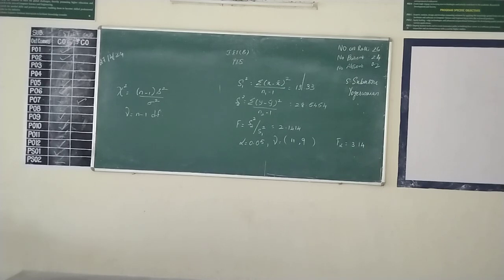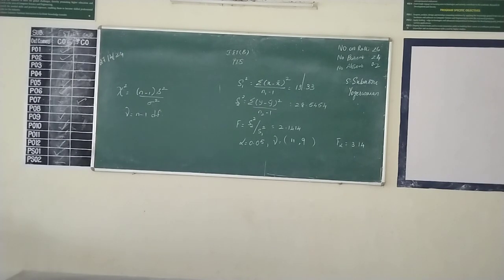What is the notation? Population standard deviation, sigma. Still you are not following the notations. So right, given sigma equal to 7.2. That is the first information we can identify.